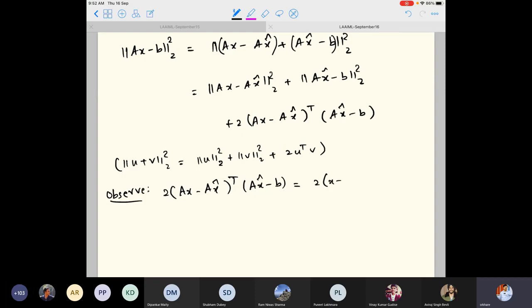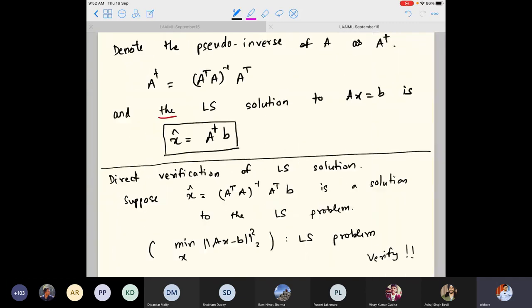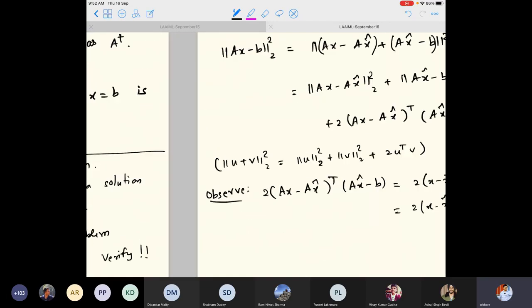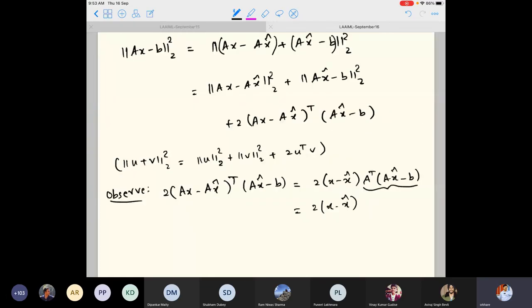How? This is 2 times (x minus x hat) transpose, A transpose comes out, (Ax hat minus b), right? And you see x hat is already of this form, since I am verifying that this is a solution. So this will be 0. So the cross term is actually 0.